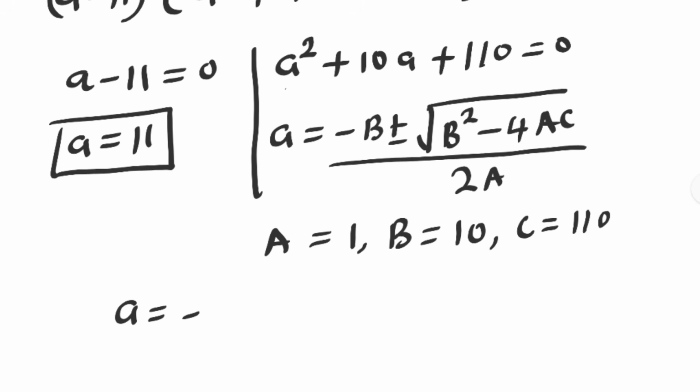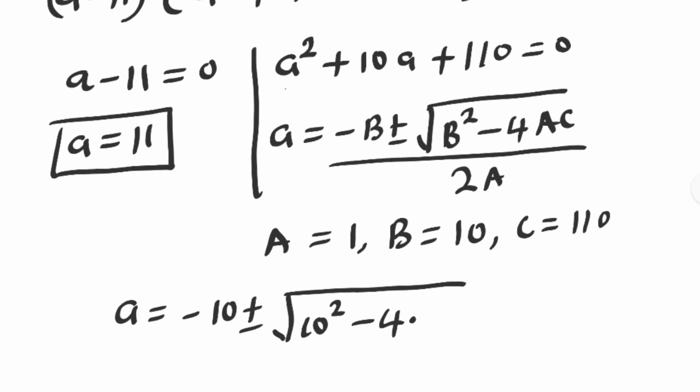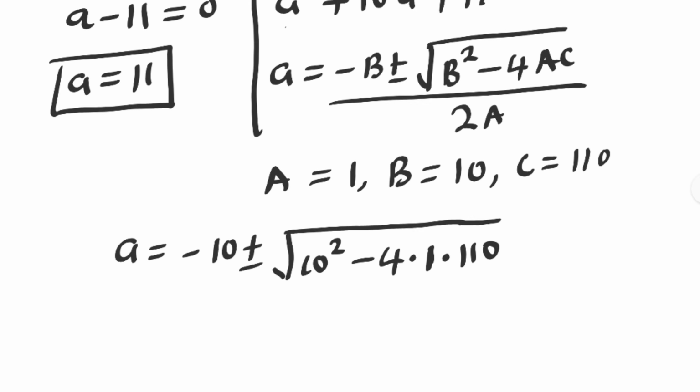A is equal to minus 10 plus or minus square root of 10 square minus 4 multiplied by 1 multiplied by 110 divided by 2 multiplied by 1.